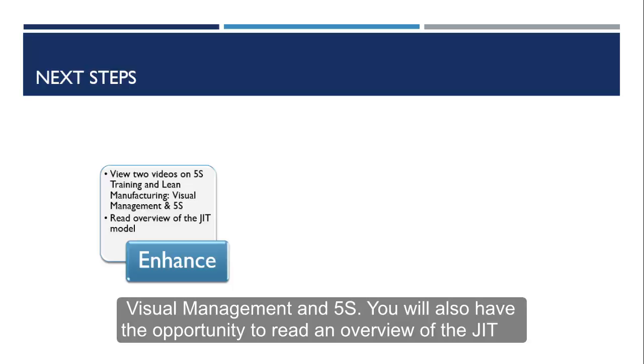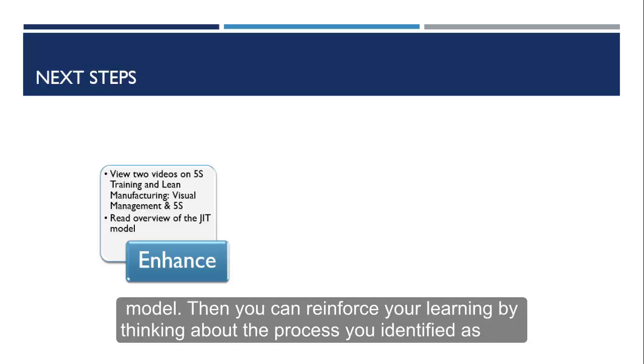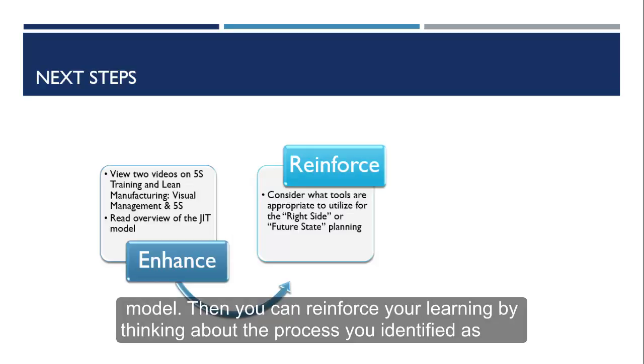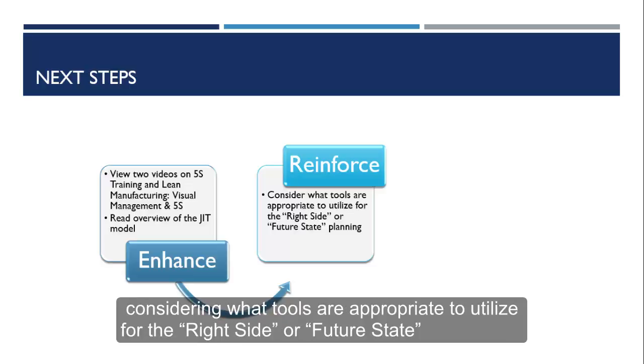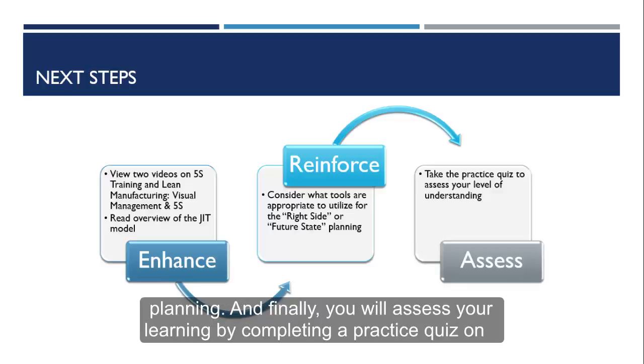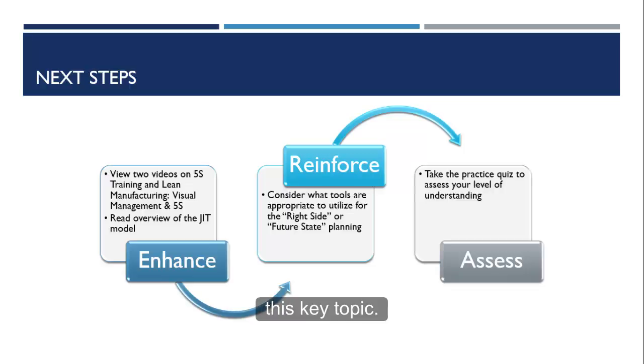You will also have the opportunity to read an overview of the JIT model. Then, you can reinforce your learning by thinking about the process you identified as the focus for applying Lean Sigma tools and methodologies, and then considering what tools are appropriate to utilize for right side or future state planning. And finally, you will assess your learning by completing a practice quiz on this key topic.